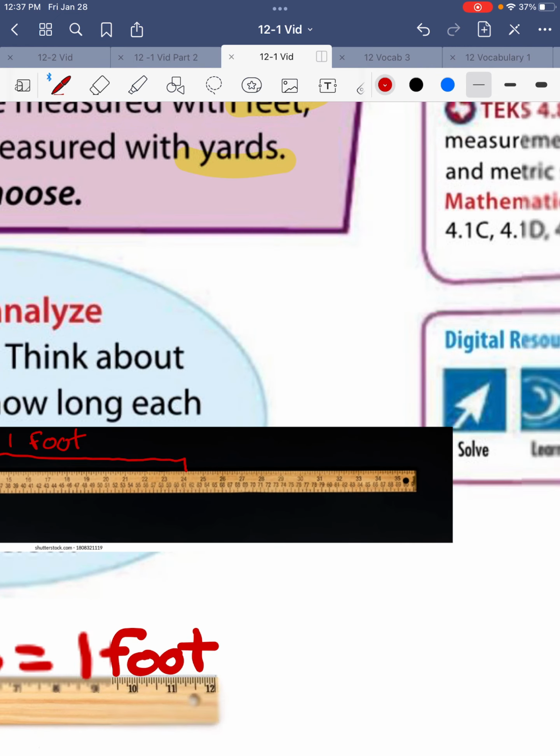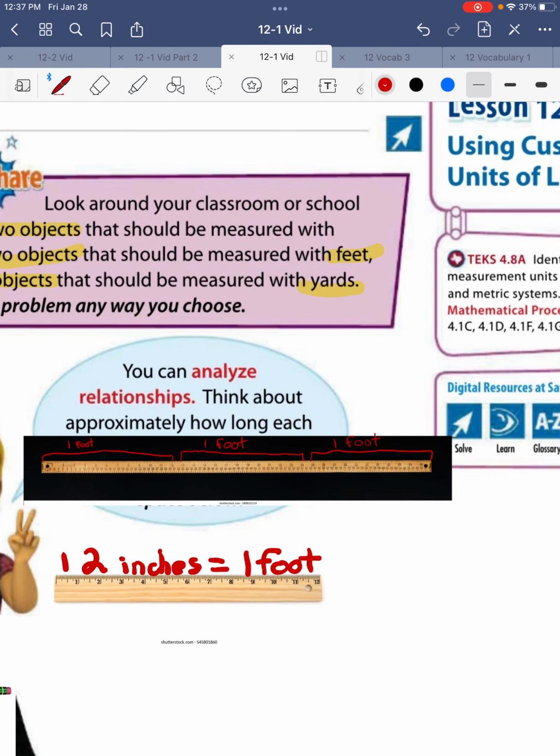And if I do it from here all the way to the end, 36 inches, that is another foot. So a whole yardstick is equal to, I'm just going to put, 1 yard is equal to 3 feet, because I have 1 foot, 2 feet, 3.